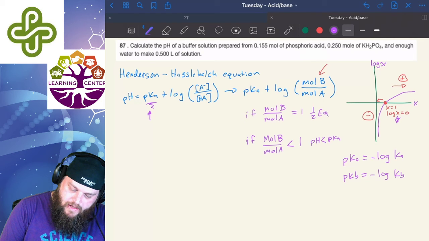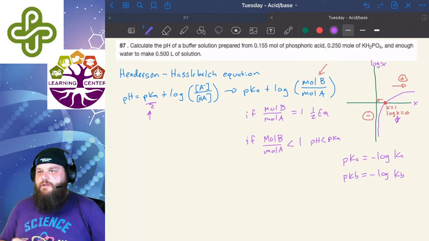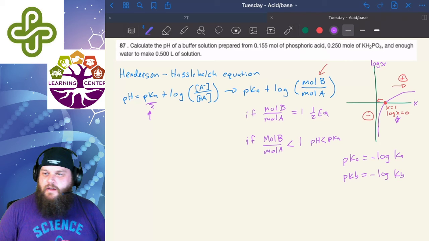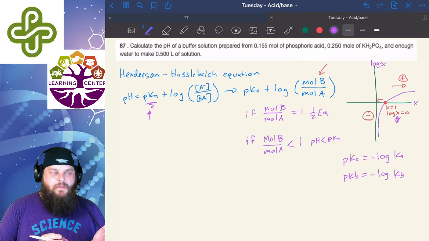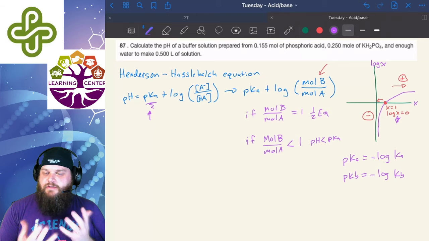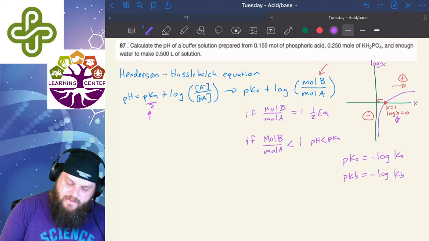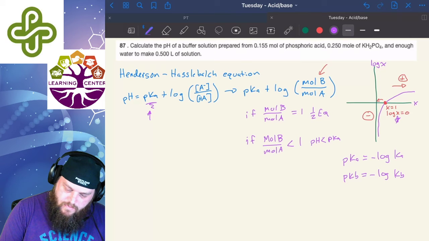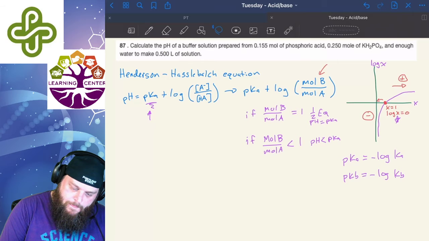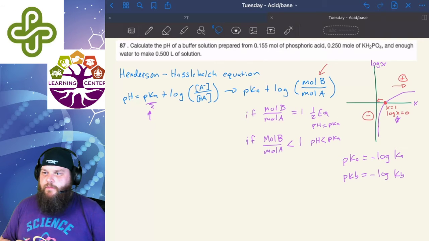And we'll talk about that a little bit more when we get into titrations, and you probably have heard about that before. It's just when you have the acid and the conjugate base at essentially the same concentration. And when that happens, your pH is equal to the pKa, because your logarithmic term in there is just going to be equal to 0.